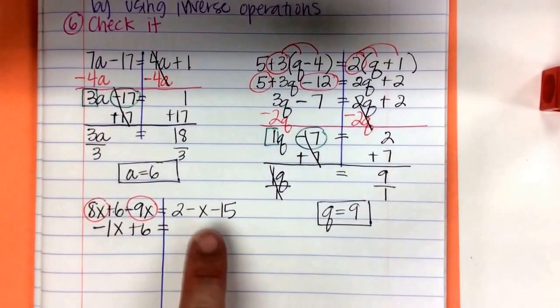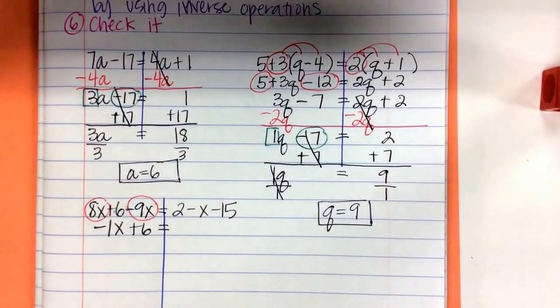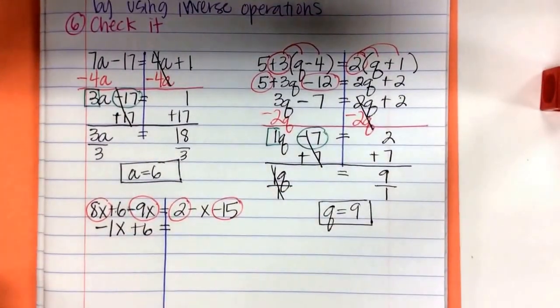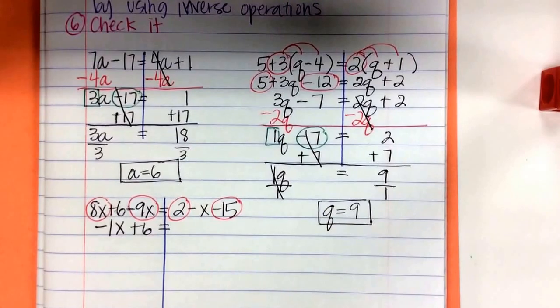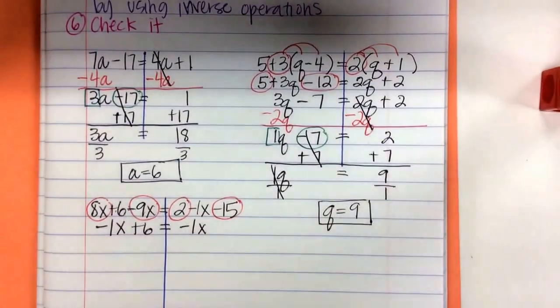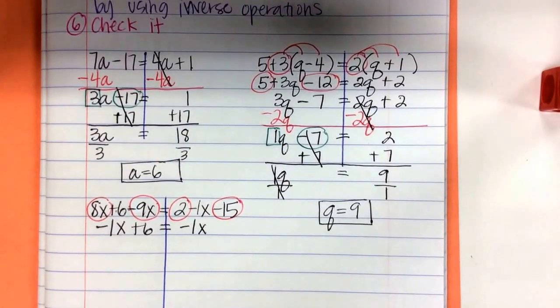Tell me about the right side. What goes together? 2 minus 15. So what do I put first? Negative 1x, right? I could put a 1 there. And what's 2 minus 15?